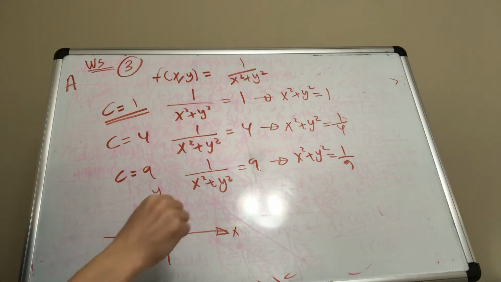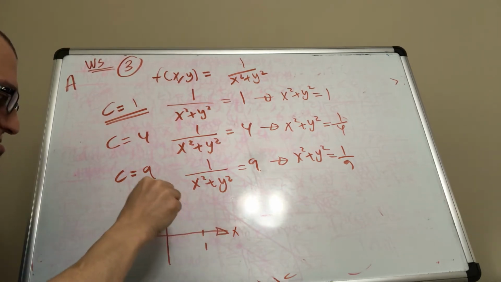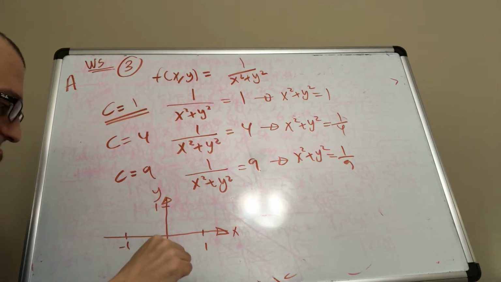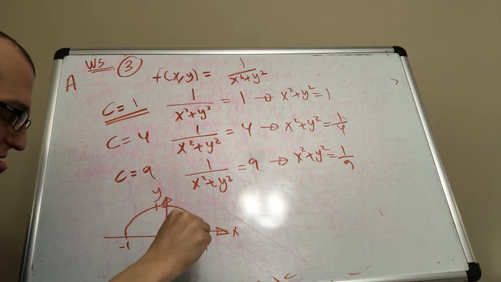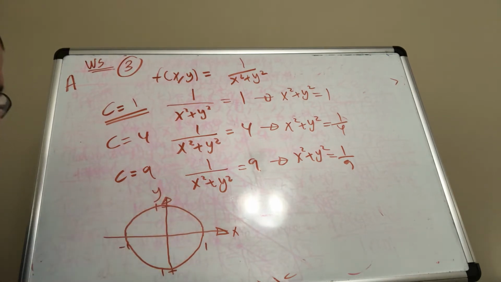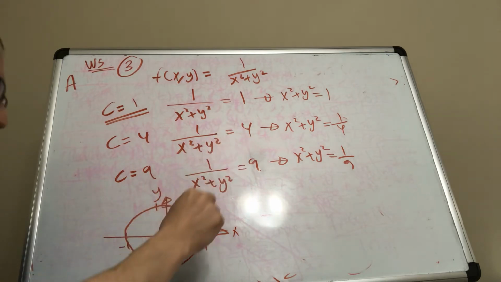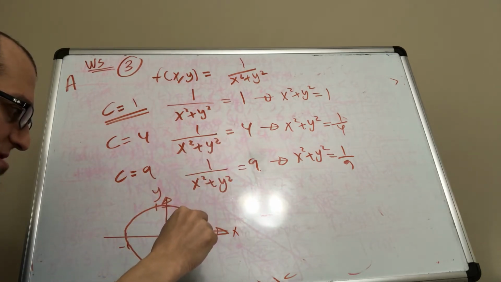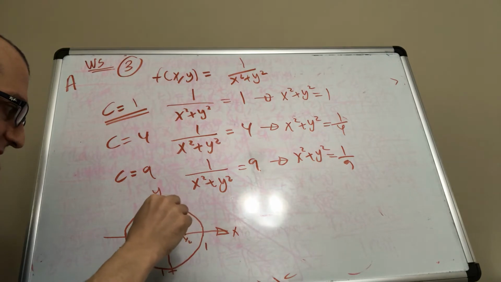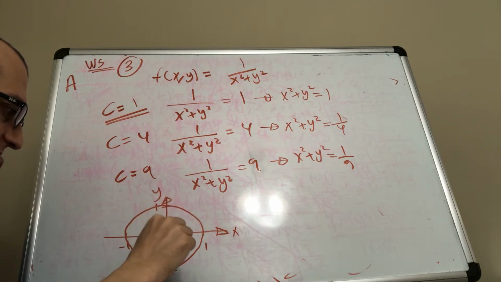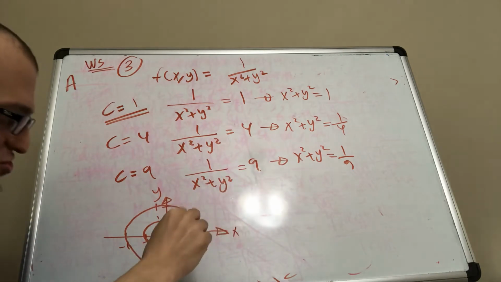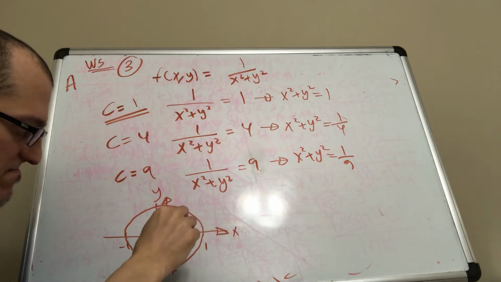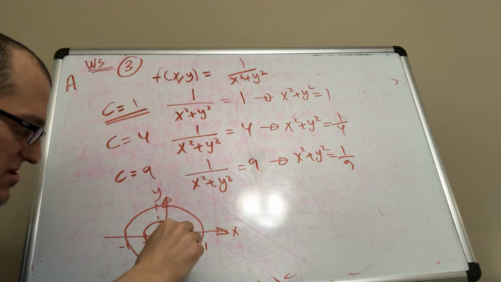So if say this is 1, 1, minus 1, 1, you have a circle at 1. You also have a circle at half. So if this is half, this is minus half, minus half. You have another circle at half. And there is a circle at third, which is roughly here. That's another circle.